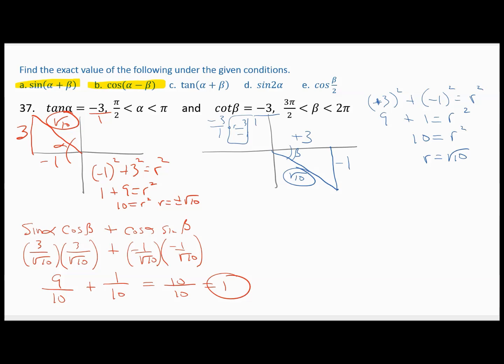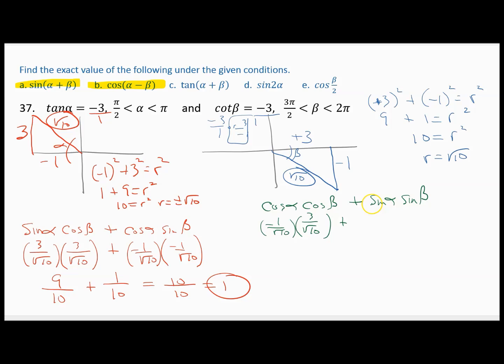And so my formula for cosine of alpha minus beta is cosine of alpha, cosine of beta, the operation changes to plus, sine of alpha, sine of beta. So cosine of alpha, look at my alpha picture, that's adjacent over hypotenuse, so negative 1 over the square root of 10. Cosine of beta is also adjacent over hypotenuse, but looking at the second triangle, the blue one, that's going to be positive 3 over the square root of 10.